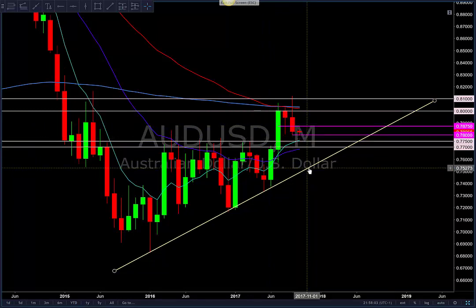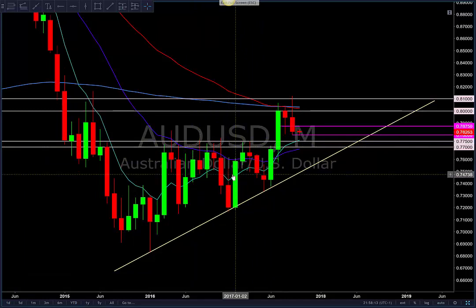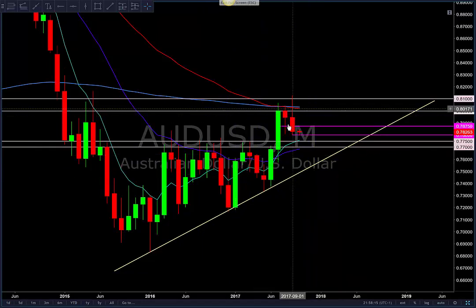I'm not saying that's not possible, but this has been a really key area for the market in terms of resistance, and therefore it would become a key area in terms of support. Not only that, but it also ties in very nicely with the 10 EMA on the monthly chart. So we're getting very close to this area now, and it would be my first estimation of where this market is trying to sell into.